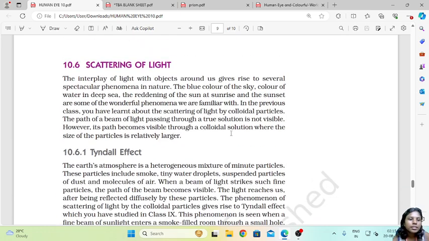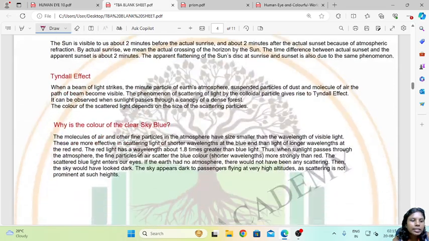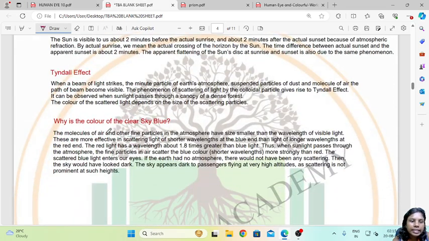Next we have the scattering of light. Under scattering of light we have two major effects. One is the Tyndall effect, and second we'll talk about why the color of the sky is blue. When a beam of light strikes the minute particles of Earth's atmosphere, suspended particles of dust and molecules of air, the path of the beam becomes visible.